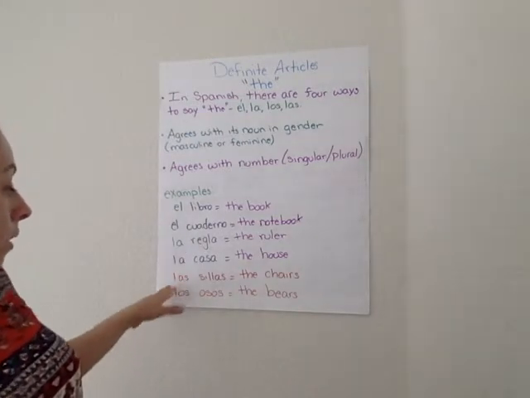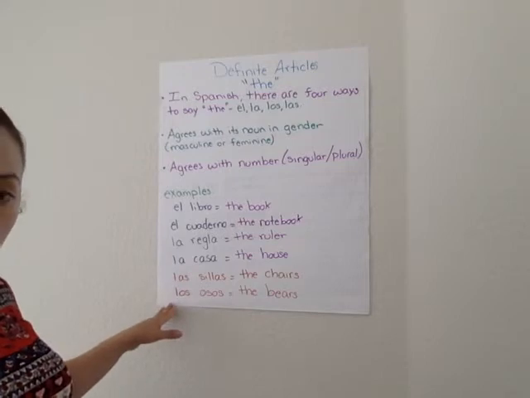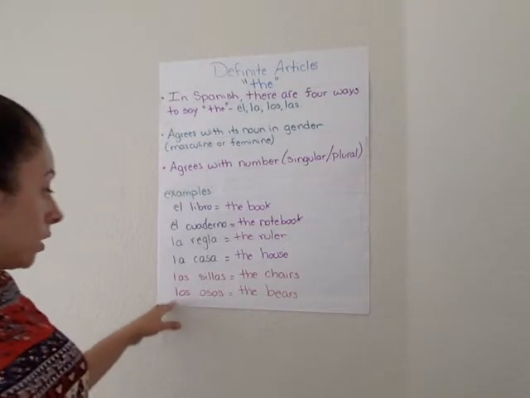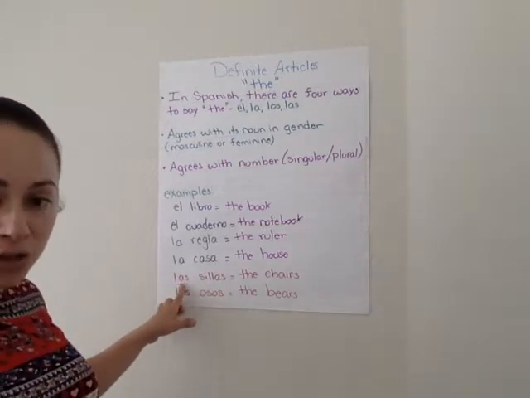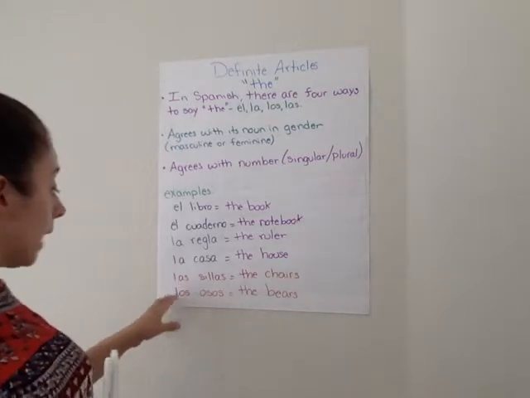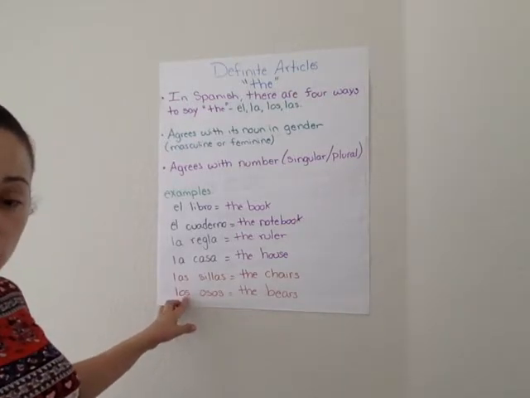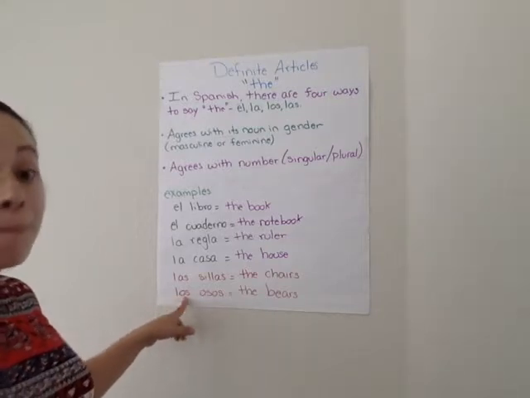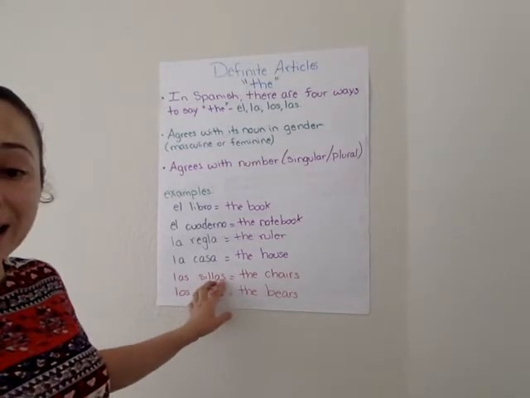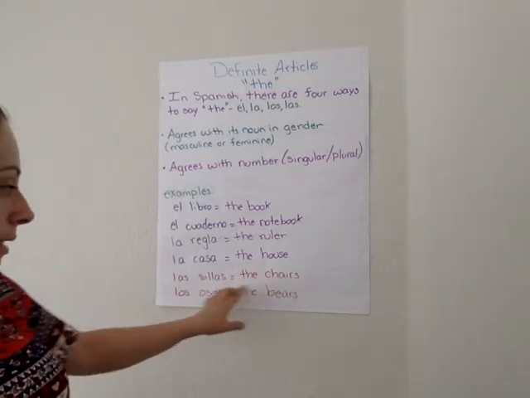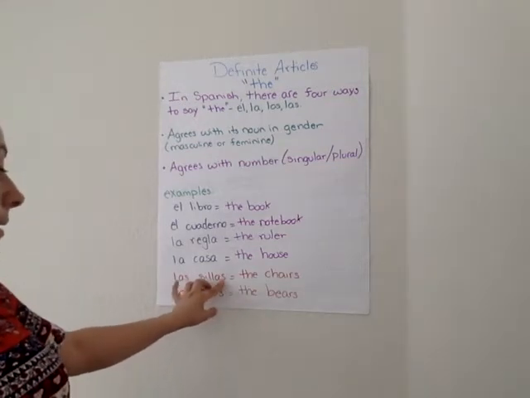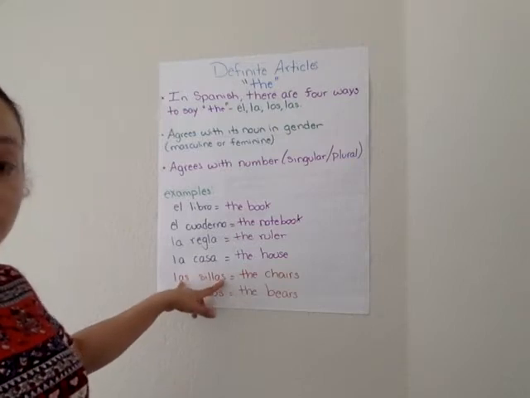Okay? Now, we have las and los, which are considered plural. Okay? So, las, as you can imagine, is plural feminine, and los is considered plural masculine. Okay? So, sillas, because chairs, sillas ends with as, it's considered plural feminine.